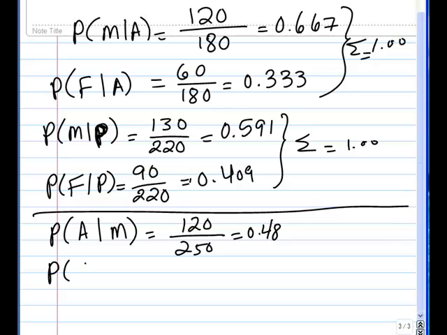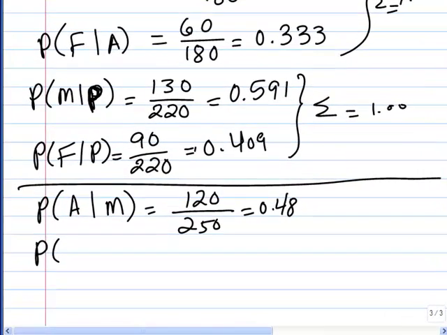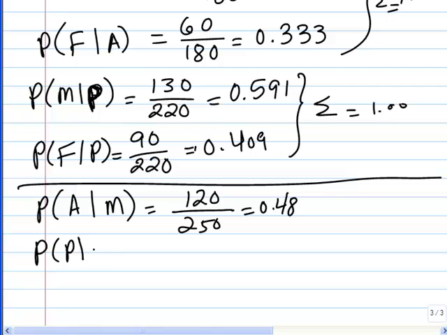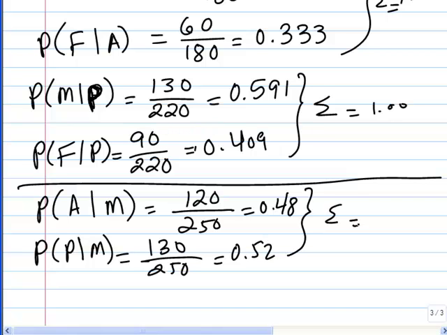Similarly, the probability of buying a car because of its performance, given that you're a man, would be the remainder, 130 divided by 250, which of course would be 0.52, and those add up to 1.